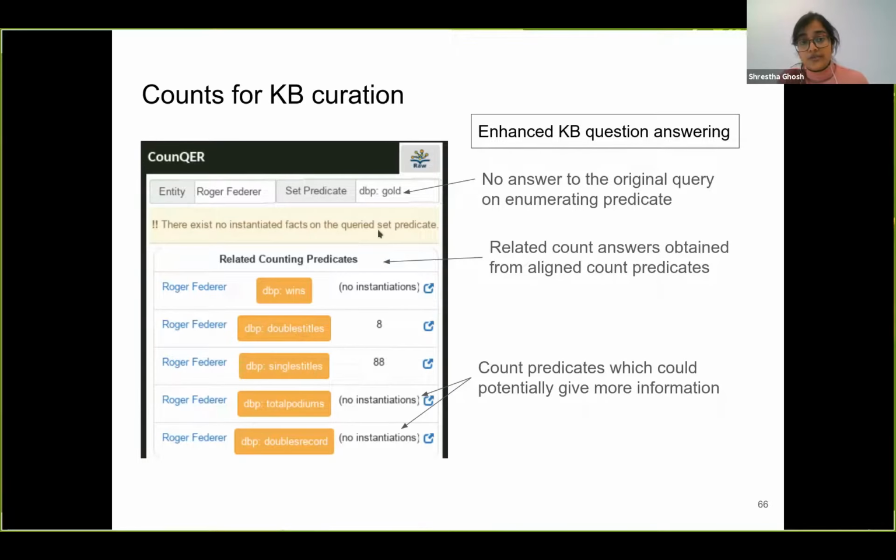So even though we do not know how many gold medals Roger Federer won, gold is related to doubles titles and singles titles, and we can hence get the answer to this question.